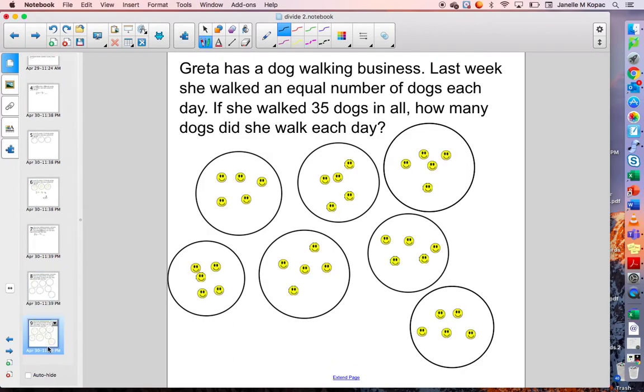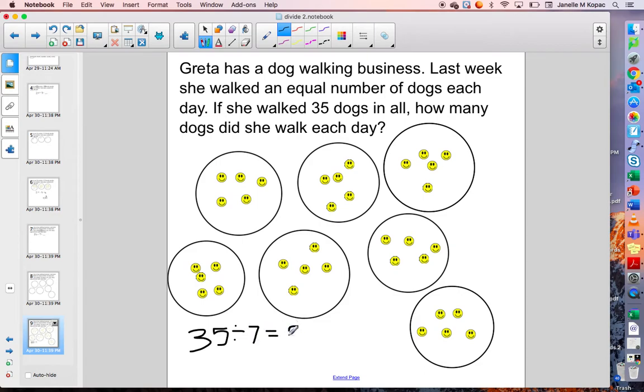All right, I figured out this problem. I have 7 groups, and when I split 35 between those 7 groups, there are 5 in each group. So that means Greta walked 5 dogs each day. 35 divided by 7 equals 5 dogs.